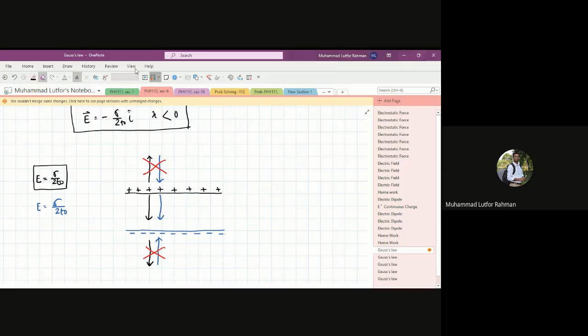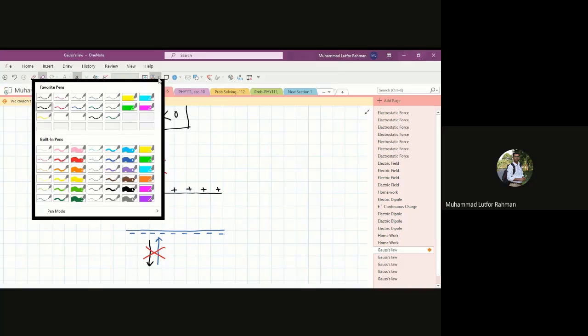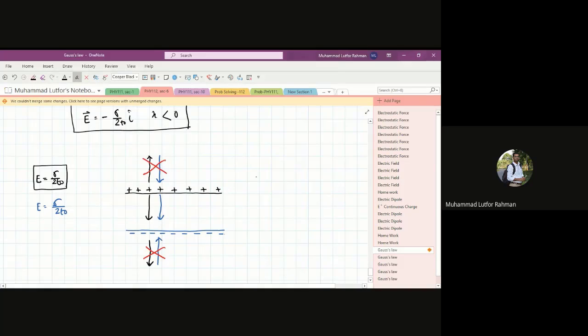Fine. Then what would be the electric field inside? The electric field inside would be, basically, one is for the positive plate, sigma divided by twice epsilon naught, plus another sigma by twice epsilon naught, right?